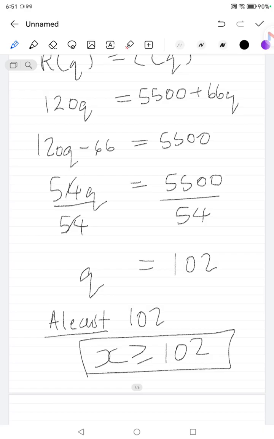At least means it can be 102 or more. So if you were to write it, you're going to write it like this. But now we're not dealing with x's, we're dealing with q's. So you're going to say q is greater than or equal to 102. This is, I think, theme 5 of STK 110.